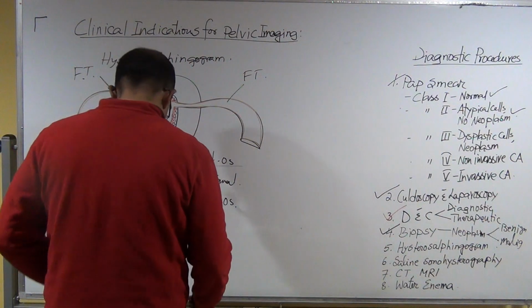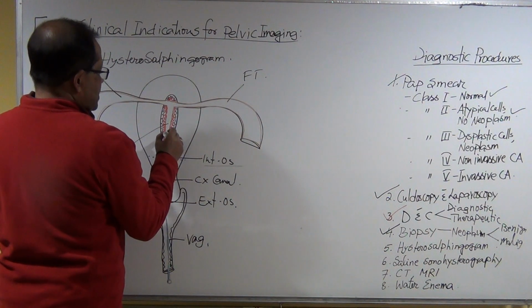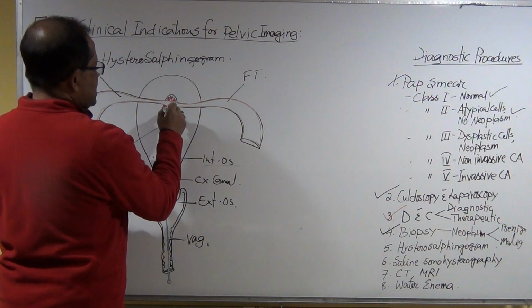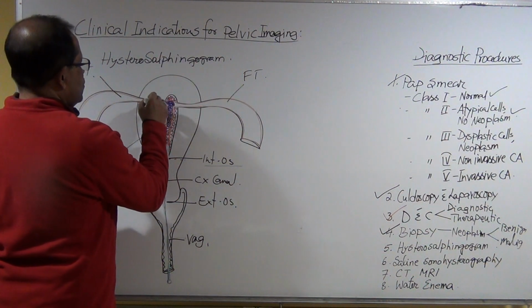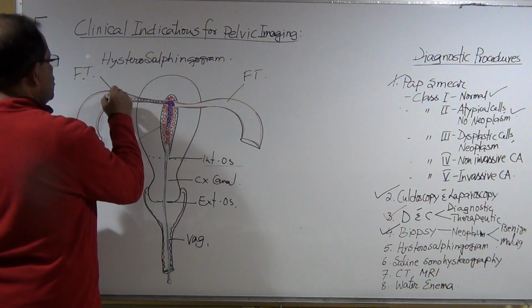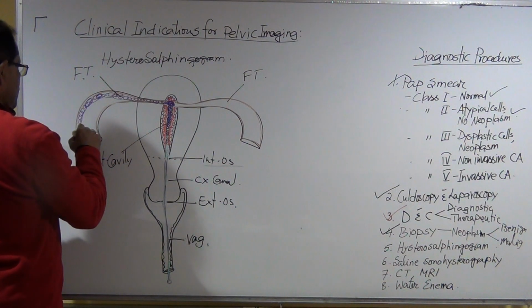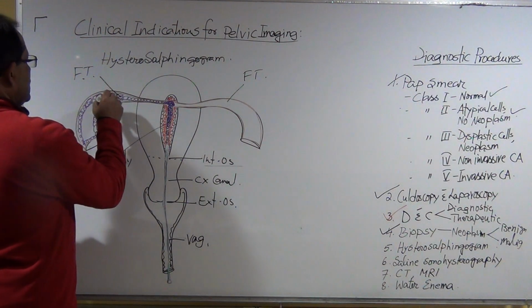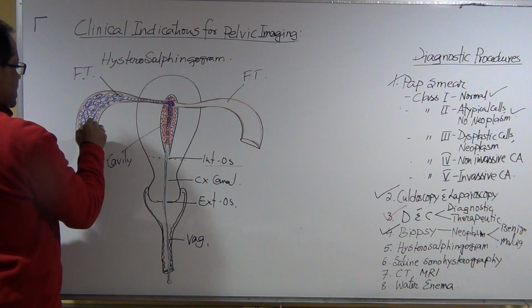Now inject the dye or contrast agent that will cover the uterine cavity. Then from the uterine cavity it will go to the fallopian tube if there is no obstruction. I am making it prominent so that you can see.